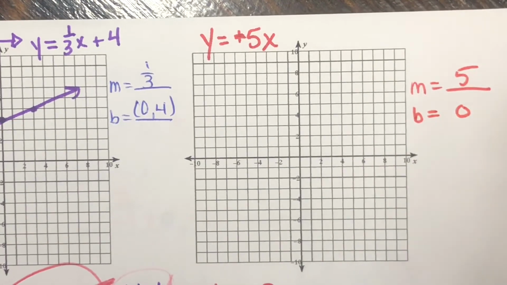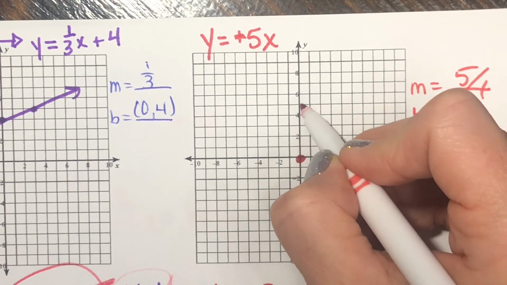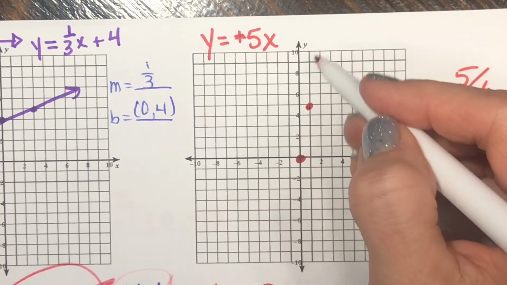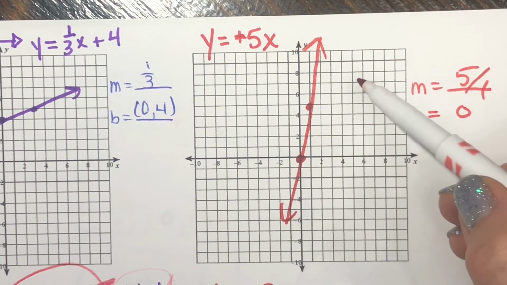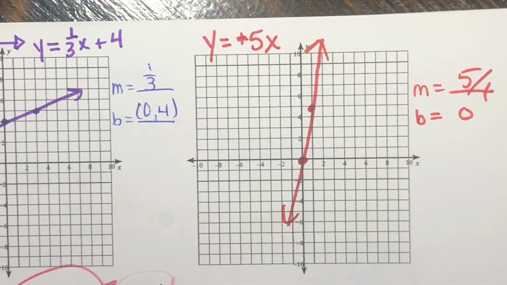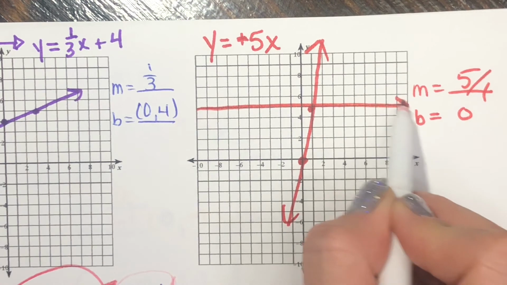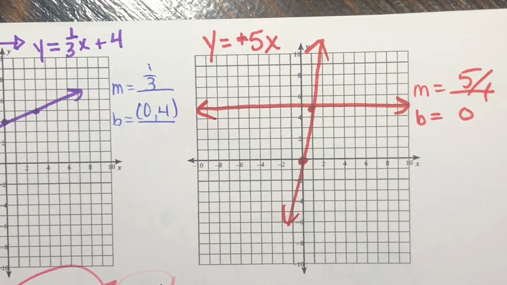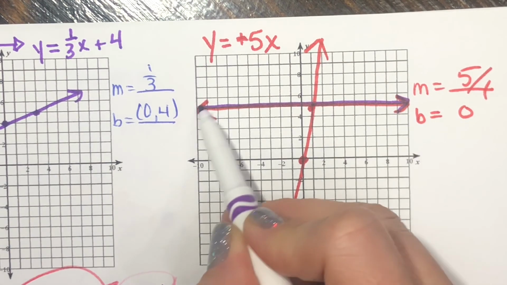So watch, I'm starting here and I'm actually going up 5 over 1. It's pretty steep. So look, the equation of this line is y equals 5x. The equation of this line is y equals 5. See the difference? This line is y equals 5.